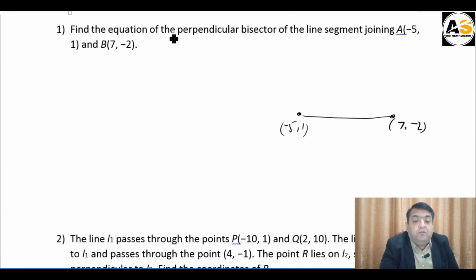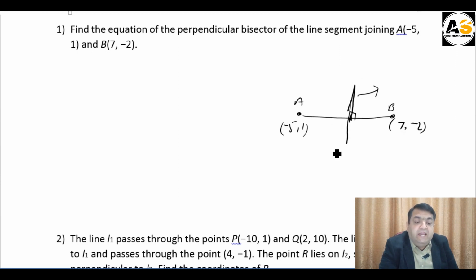We have to form the equation of a line, not this line, but the line which is perpendicularly bisecting this. Bisect means it passes through the midpoint. The line passes from here and it is perpendicular to this line AB. We need to form the equation of this line.